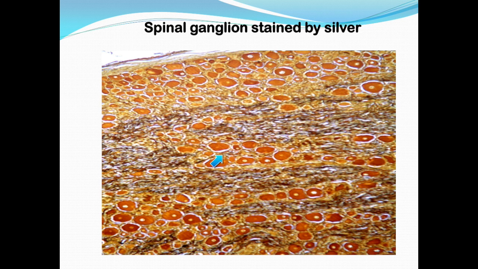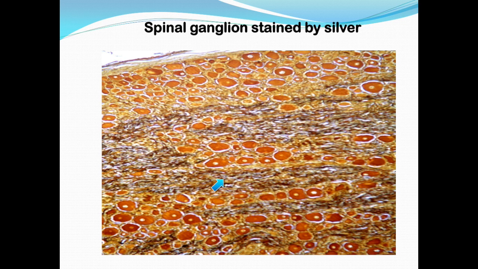Because the Golgi apparatus, which is well developed and fills the cytoplasm of this neuron in the form of a network around the nucleus, is stained brown by the silver.